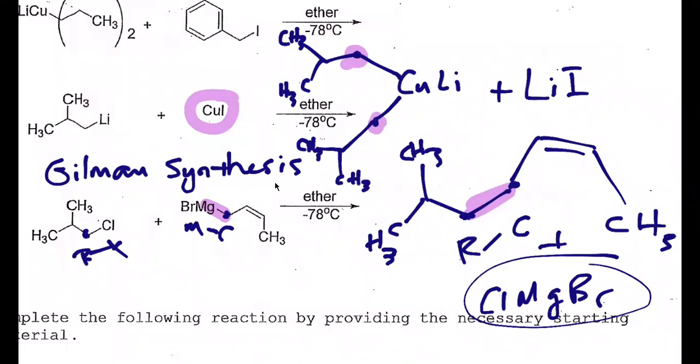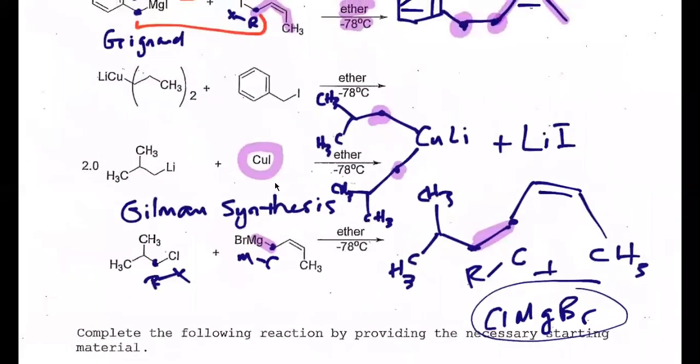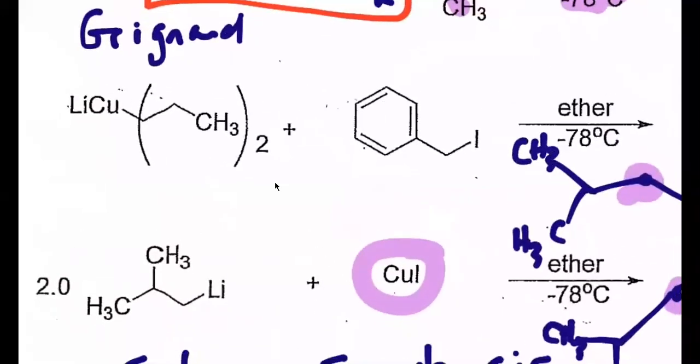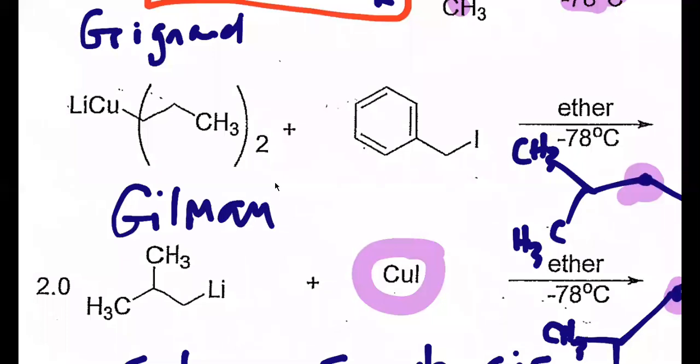All right, let's do the next example. Now you have a Gilman, and you have this alkyl halide. Right, so where is C and M in the Gilman reagent? Remember, M is always the representative of the metal.